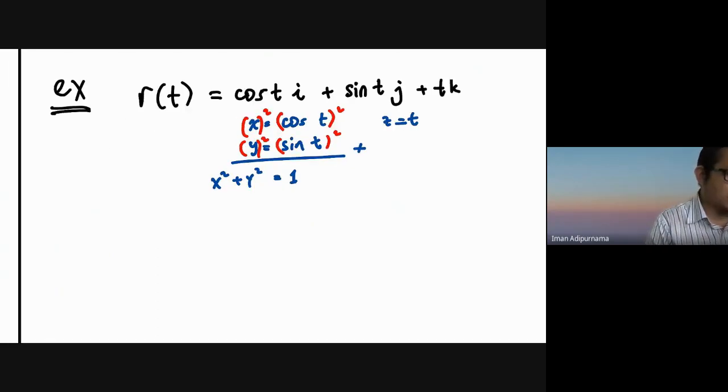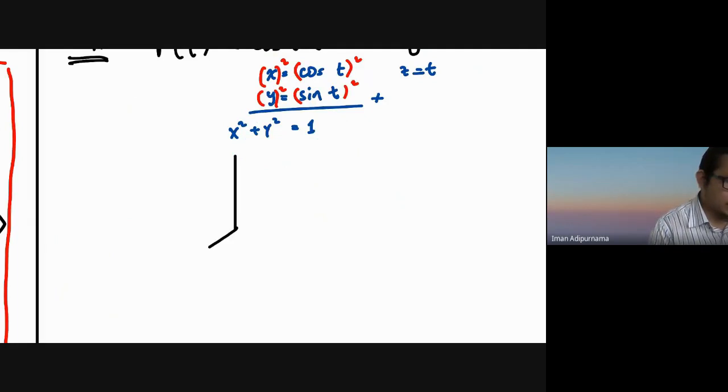So this is a circle, or in 3 dimensions, we call this a circular cylinder, or cylinder. So let's draw this.